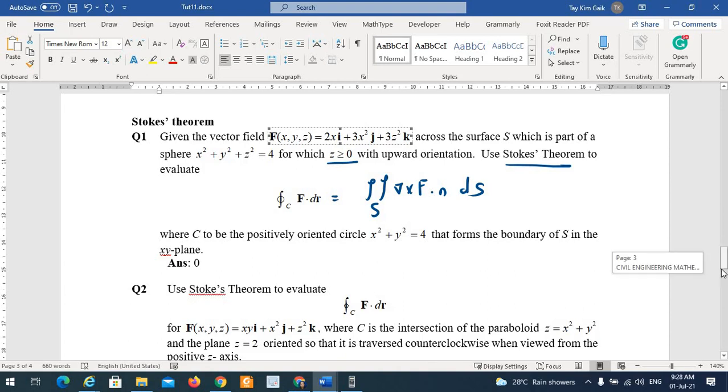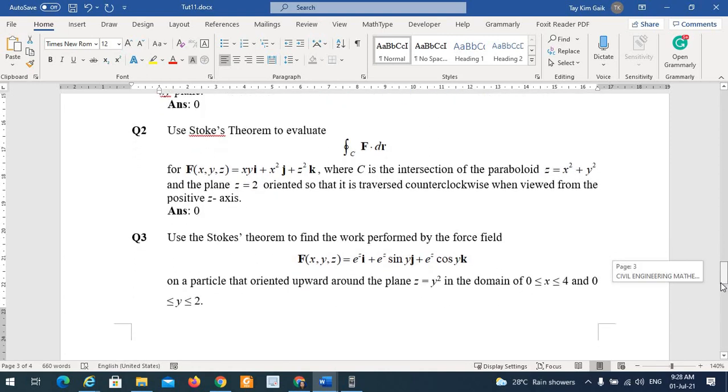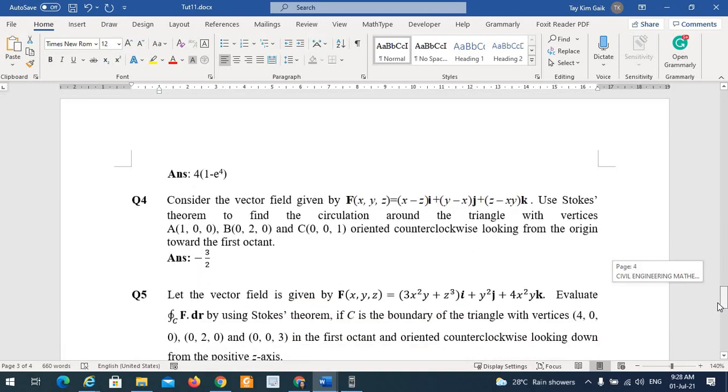The rest is more or less the same. You have to find F dot dr, then you have to find the curl of F. Everything, you have to find the curl of F. Like question 4 and 5, when you have a tetrahedron, use Stokes theorem, it will be easier.